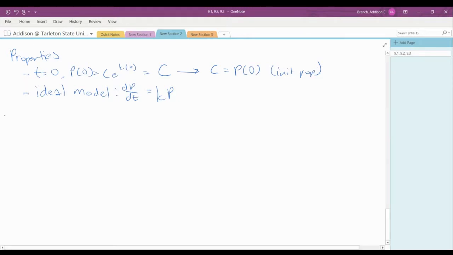So that brings us to the logistic model, also known as a logistic differential equation.